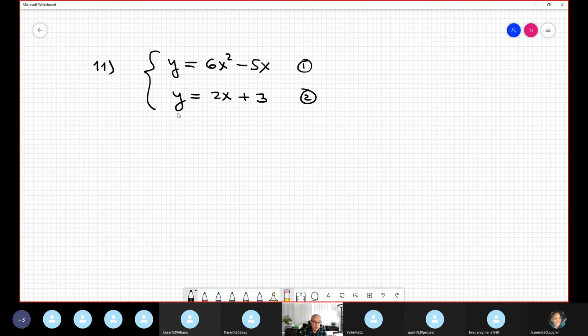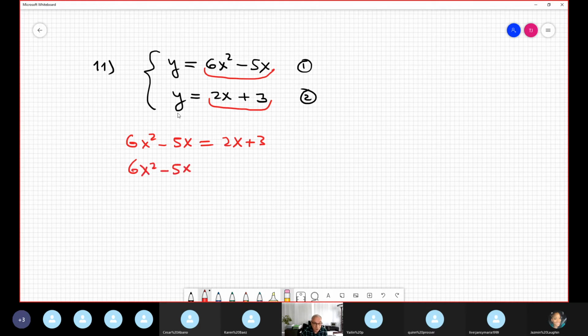So why not take this expression and this expression together and put equal: 6x squared minus 5x is equal to 2x plus 3. In this moment we have only one equation that contains only one unknown. It looks like a quadratic equation. So 6x squared minus 5x minus 2x minus 3 equal to 0.